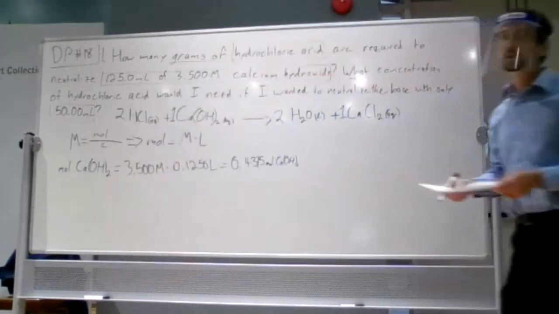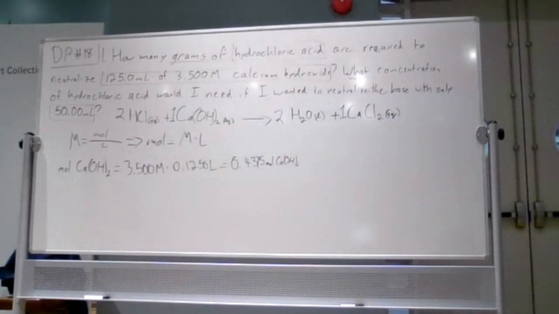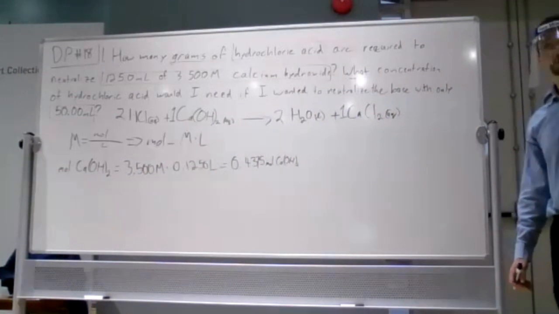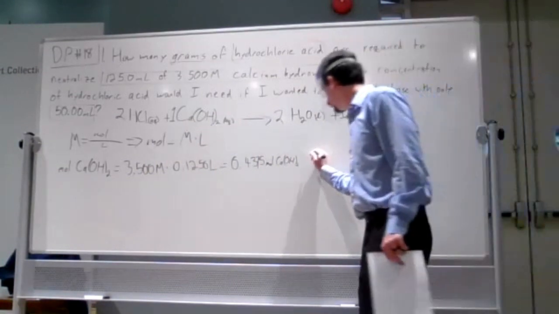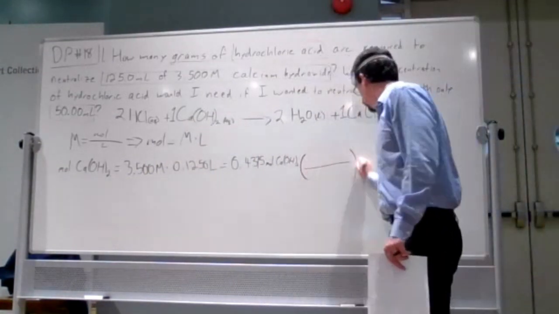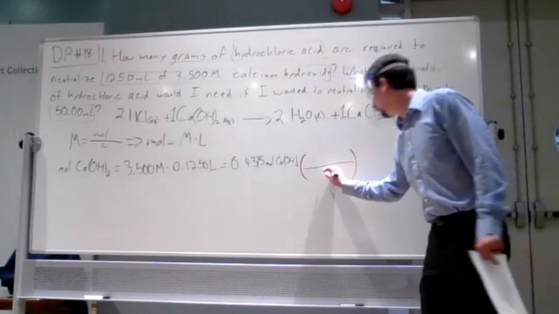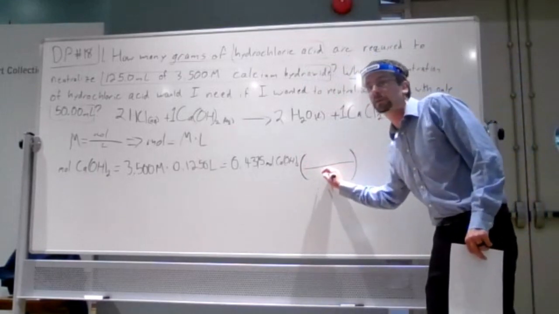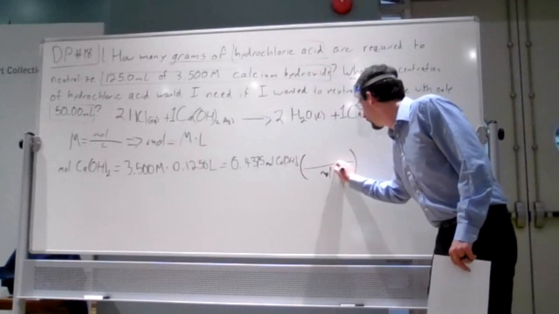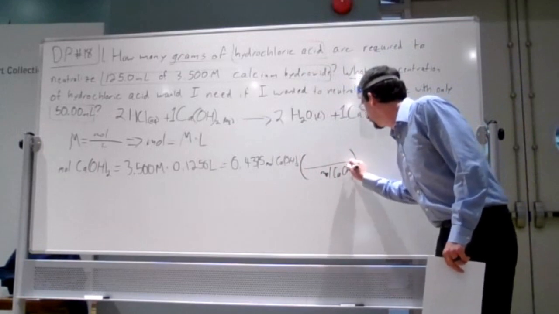Okay. What are we looking for? Grams of what? Okay, what do you want to do with this thing? What do you want to convert it to? Right. So, what unit's got to go on this denominator? Yep.